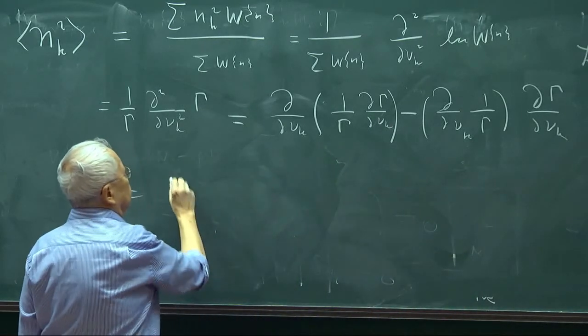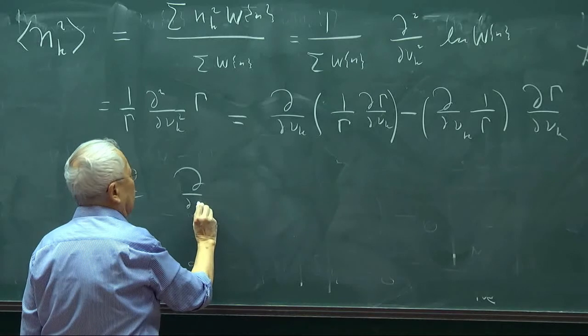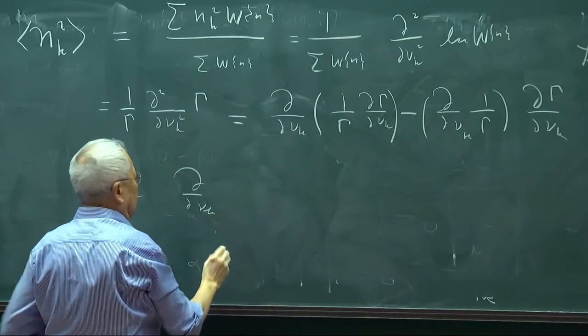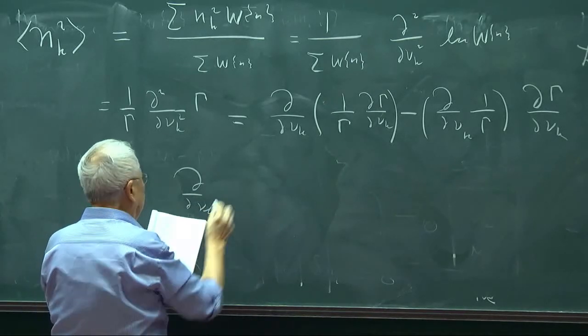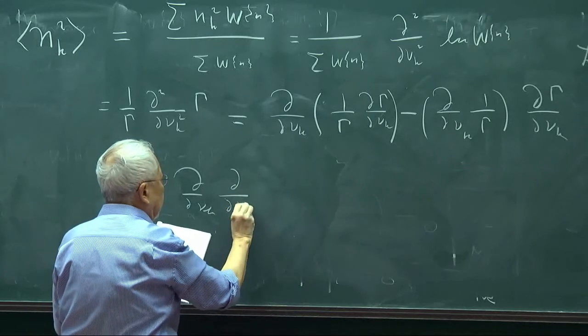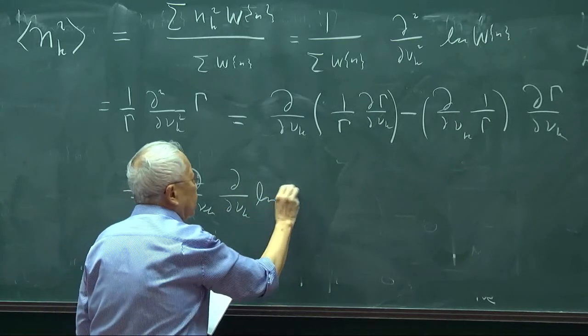This term is just equal to d by d nu k of d by d nu k of log gamma.